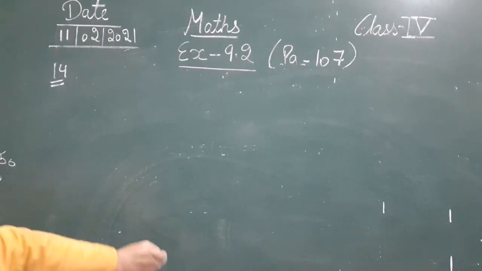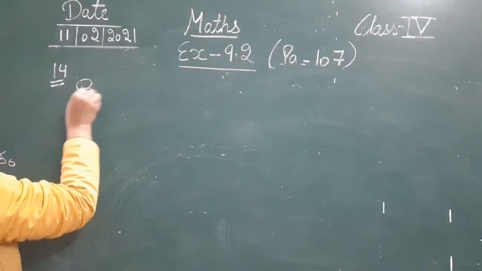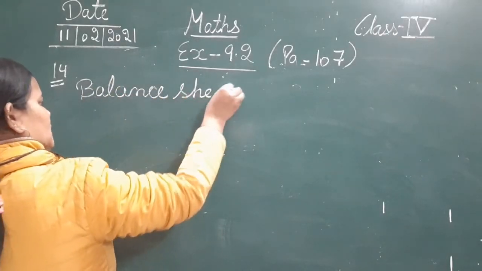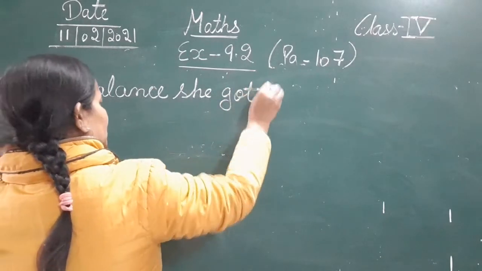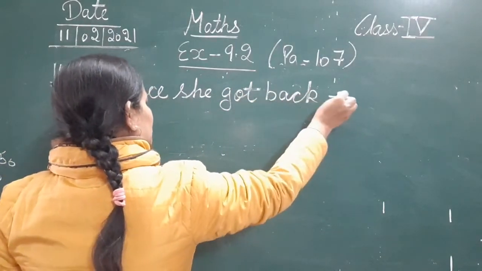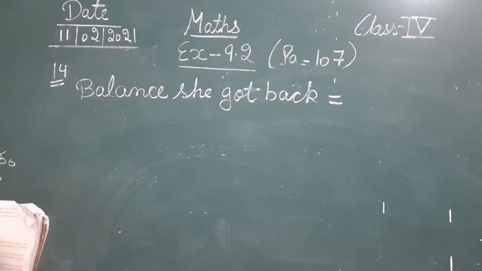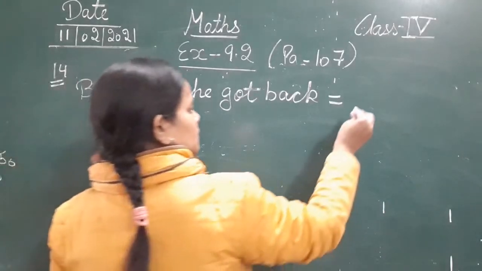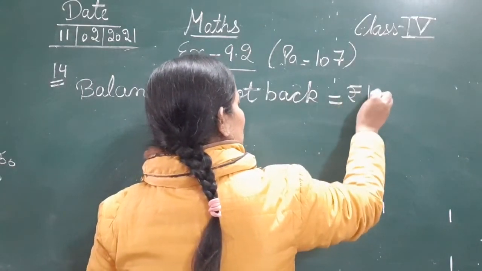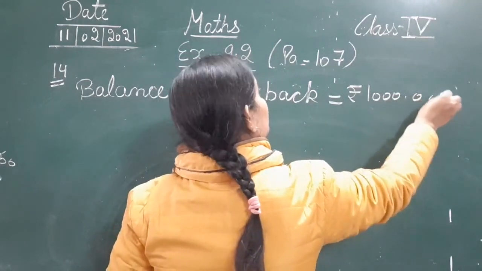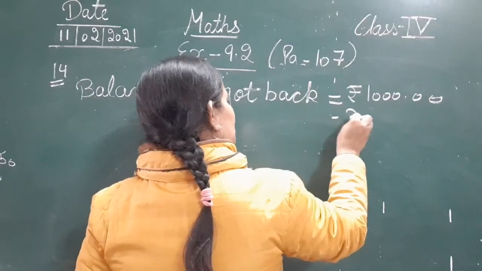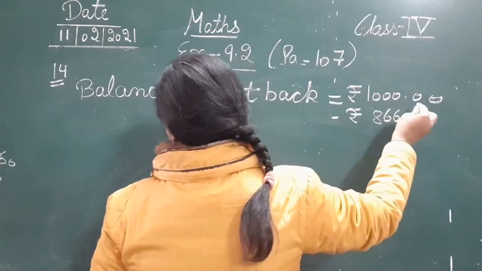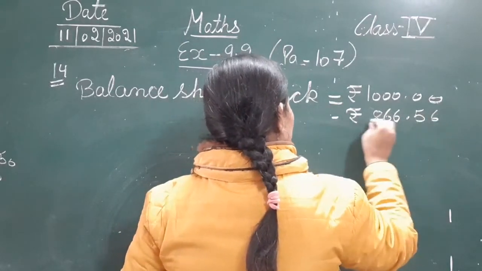We will calculate it by subtracting the total amount spent from the total amount given, that is rupees 1000 minus rupees 866 and 50 paise.